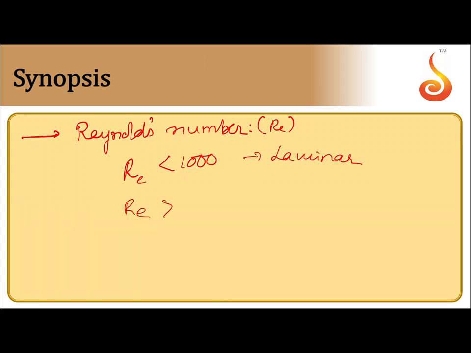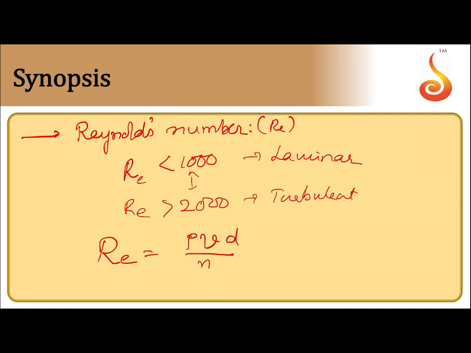And if this is greater than 2000, it is treated as turbulent flow. So, between 1000 to 2000, the liquid may undergo turbulent flow or say laminar flow, all depending on the subsequent conditions. This Reynolds number is given by rho v into d divided by eta. So, Reynolds number is given by rho into v into d divided by eta.